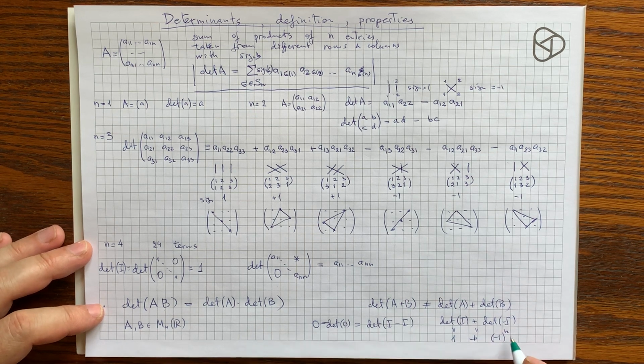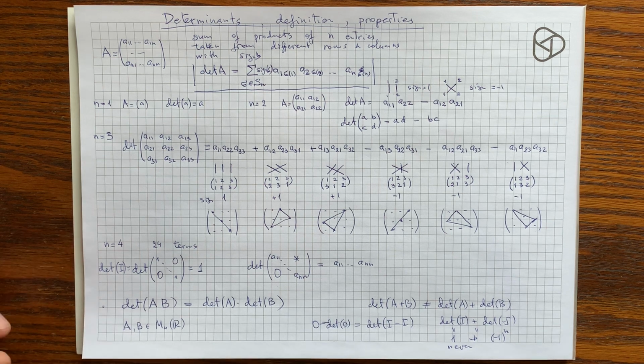That is negative 1 to the power n. So the sum of the determinants is 0 if n is odd, but if n is even, it is not. That is probably the easiest example right now of why determinants have no chance of being additive. More about them will come in later videos. See you then.